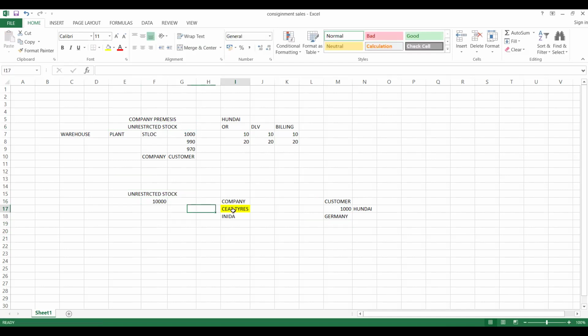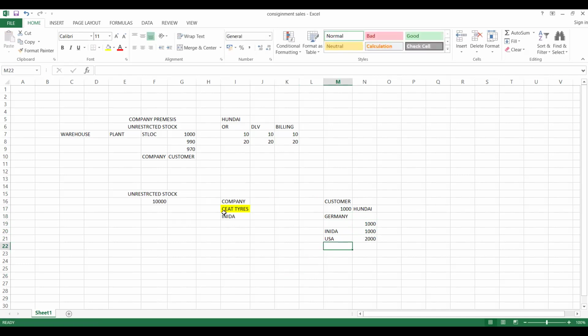In my company in India, CATS, I'm placing stock in one location. Another location, maybe some location in India only. In the USA, I'm placing some stock like this: here 1,000, here 2,000, depends on the demand. I'm just keeping the stock.